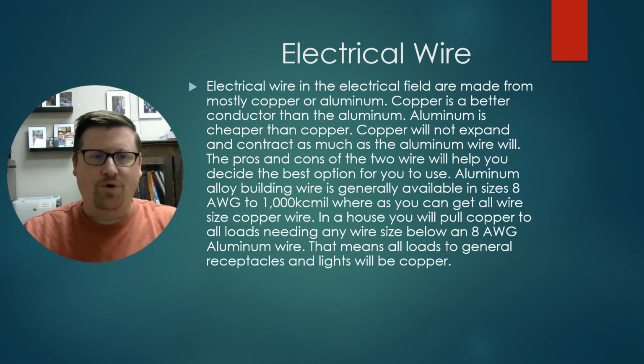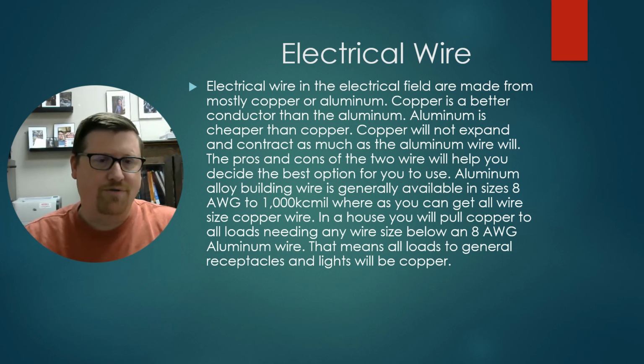And even though we're using a larger amount of aluminum, it's a larger chunk of aluminum in that wire because it's a larger wire, aluminum is so much cheaper than copper that it still makes financial sense to use aluminum over using copper. And so those are kind of anywhere we're running the main service into a residential home.